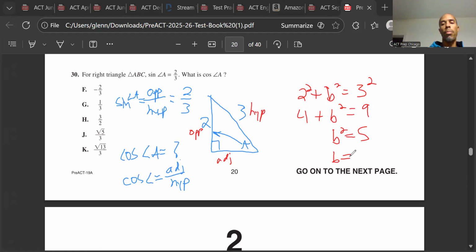Square root both sides, b equals plus or minus square root of 5. But because we're dealing with side lengths, it's just square root of 5. We leave it like that, since it can't be negative. So now adjacent over hypotenuse: adjacent is square root of 5, hypotenuse is 3. Any questions on how we got that?